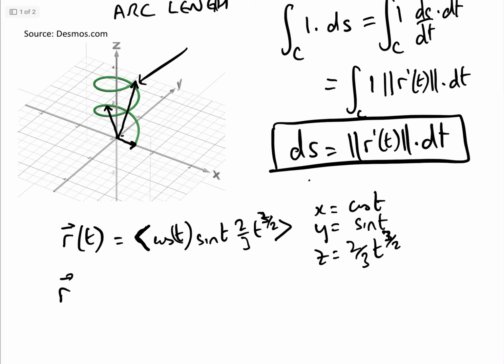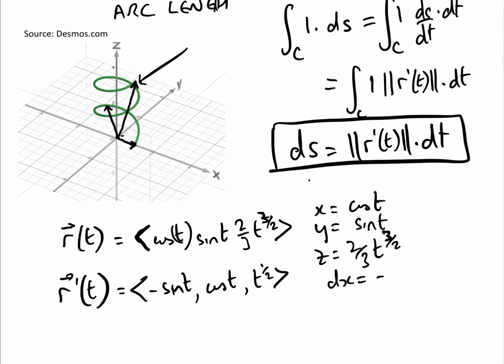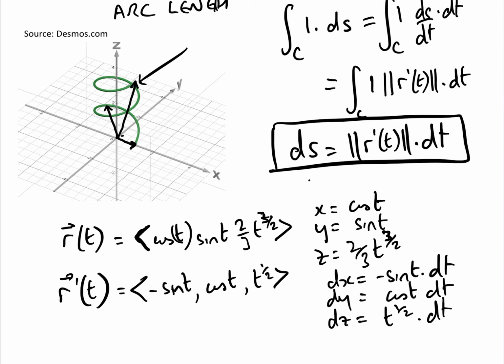Then r dash t, i.e. the derivative, is equal to minus sine t, cos t, and t to the power of half, since 3 over 2 times 2/3 gives t to the half. That is exactly the same as saying dx equals minus sine t dt, dy equals cos t dt, and dz equals t to the power of half dt.